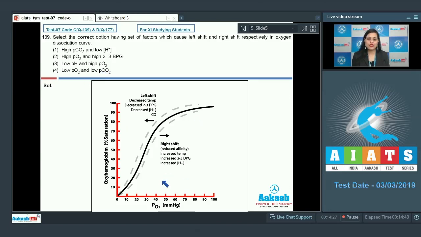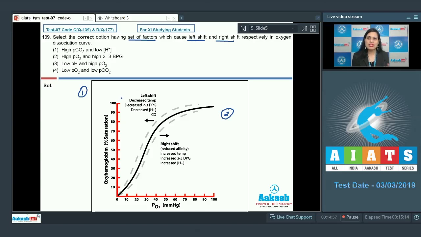Now in this diagram, which represents the oxygen dissociation curve, on the x-axis we have partial pressure of oxygen, on the y-axis we have percent saturation. Now we have to select the set of factors which cause left and right shift, the first left and the second right shift.